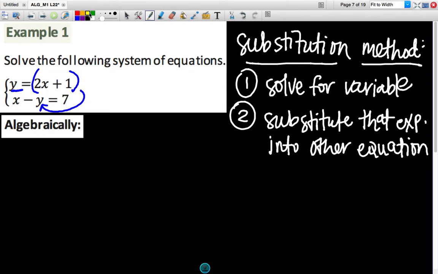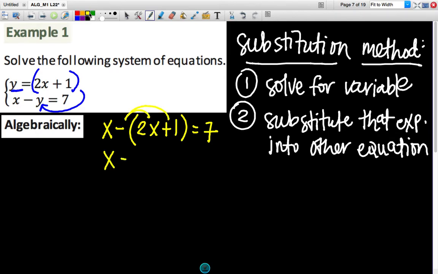So if I write that out, I'm going to rewrite my bottom equation. So I've got x minus, anytime we substitute something we want to put in parentheses, 2x plus 1 equals 7. So this says x minus y equals 7, and I'm substituting that for y. Now let's simplify this. I've got to distribute my negative first.